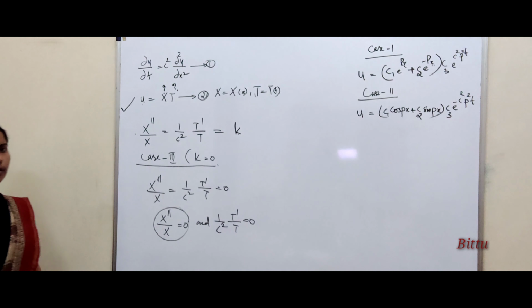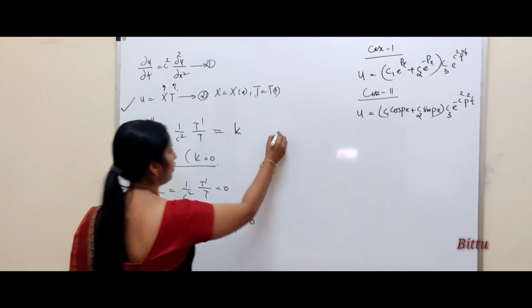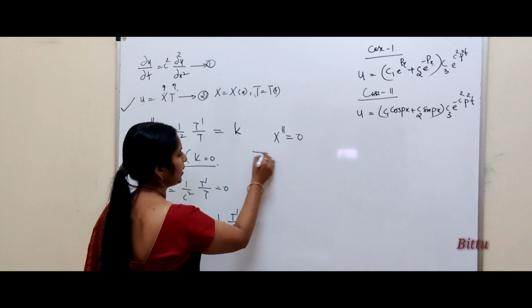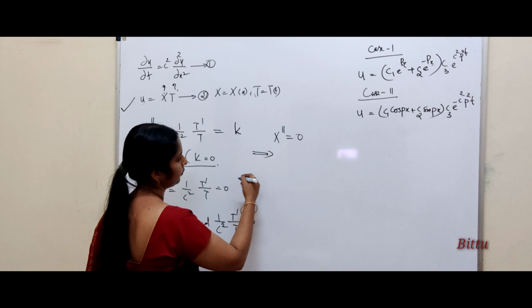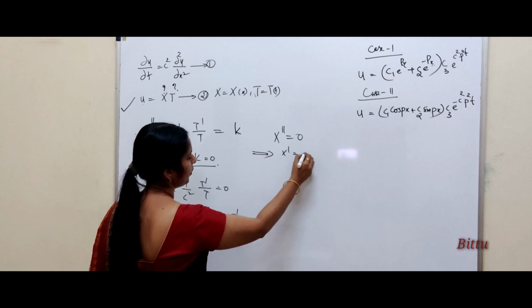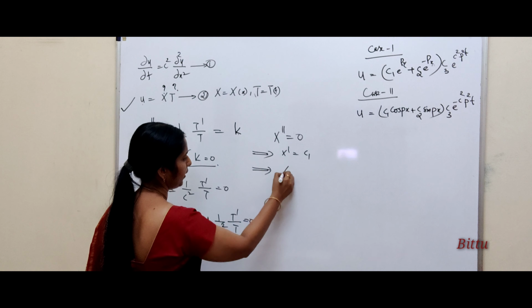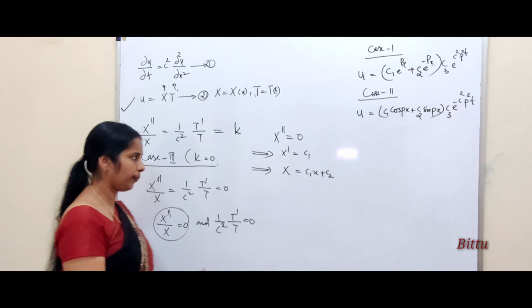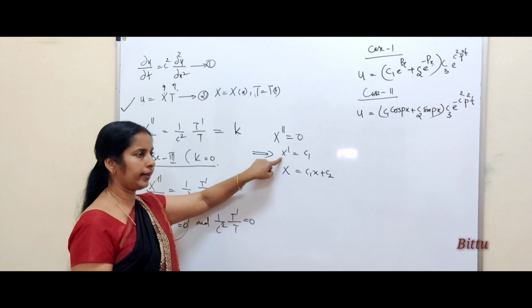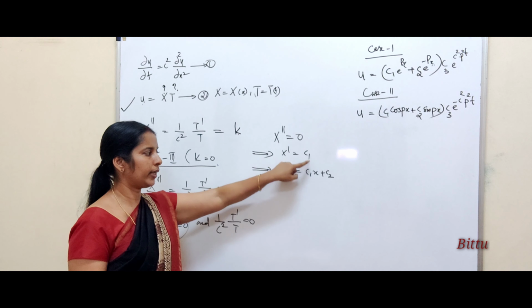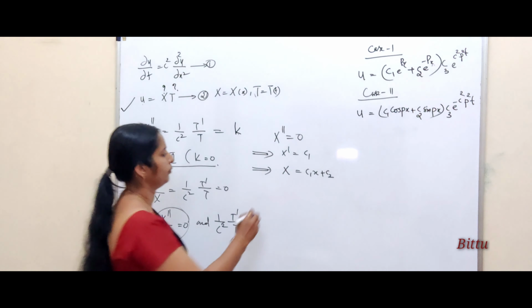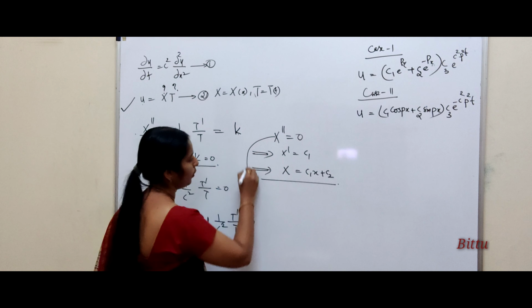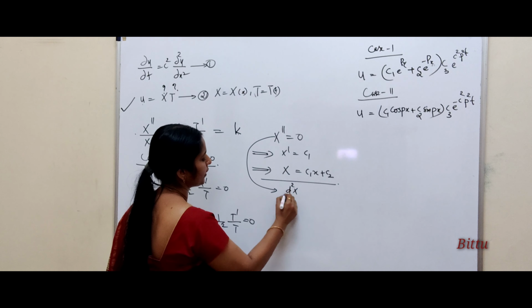See, this equal to 0 means X double dash equal to 0, which implies X dash is equal to a constant, which implies X is equal to c1x plus c2. See, X double dash equal to 0. By integrating, we will get X dash and its integral is c1. Again integrating, you can see capital X is c1x plus c2.